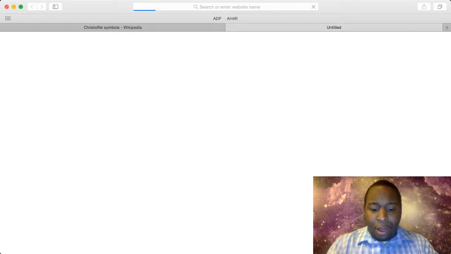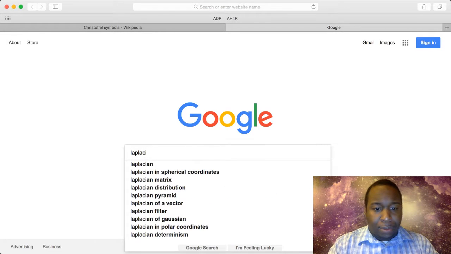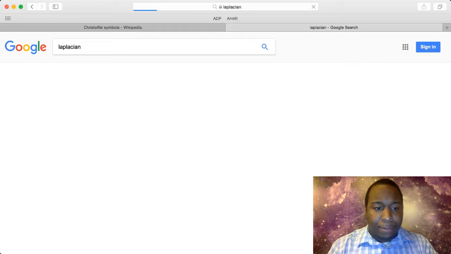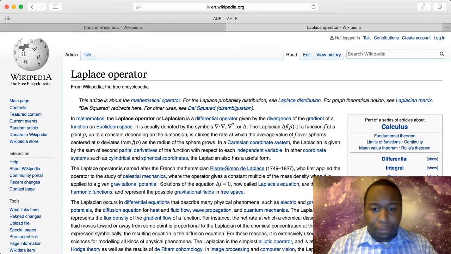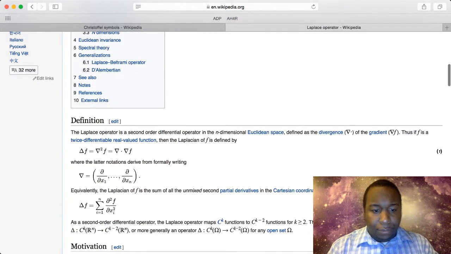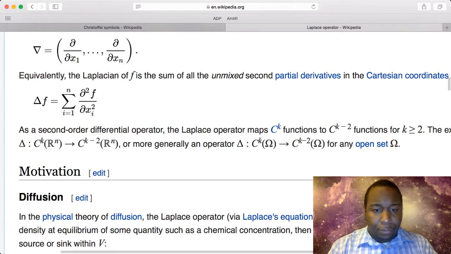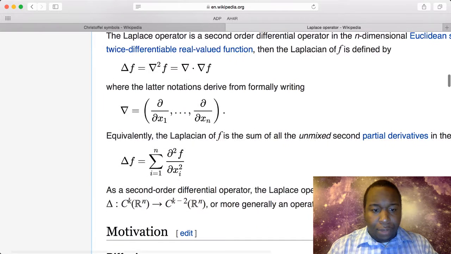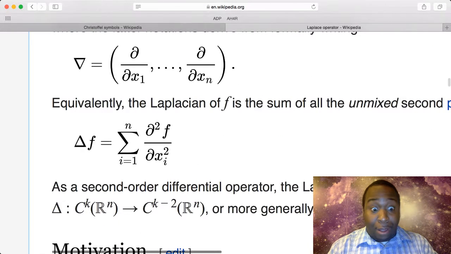I'm going to pull up the Laplacian. And so this is the Laplacian, and I think that's the operator called del. I think that's right.